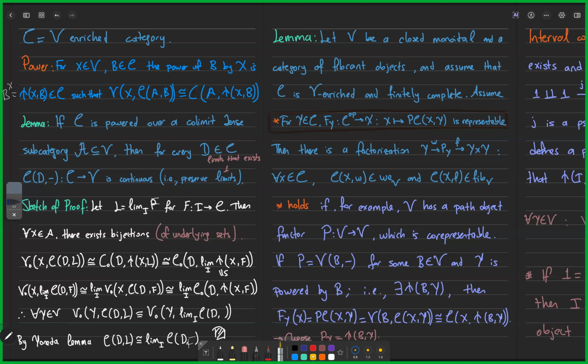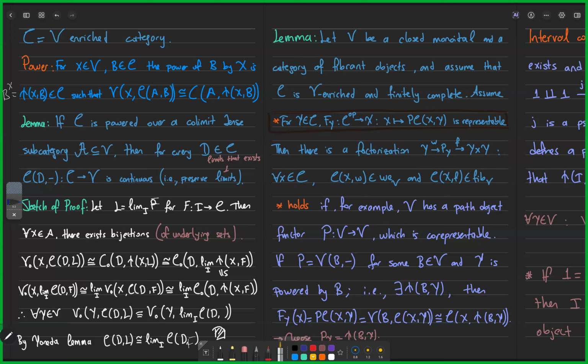Then there is a factorization of the diagonal morphism like this, where W is a weak equivalence and F is a fibration.